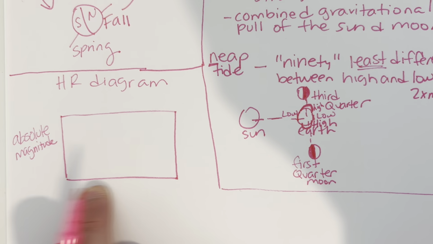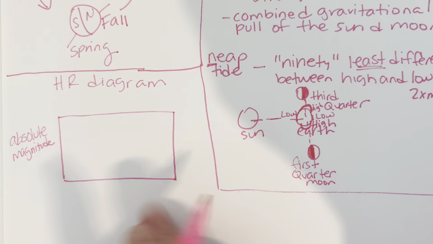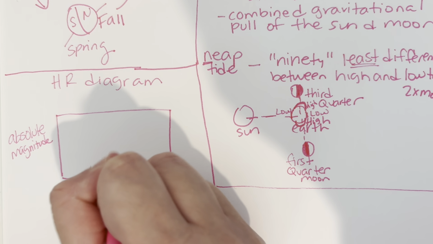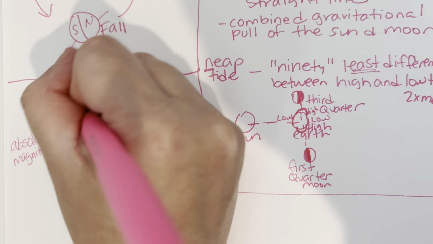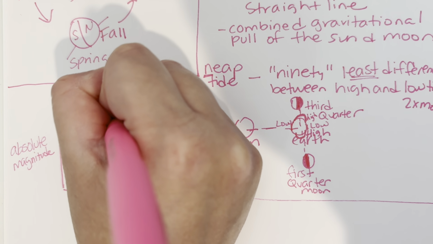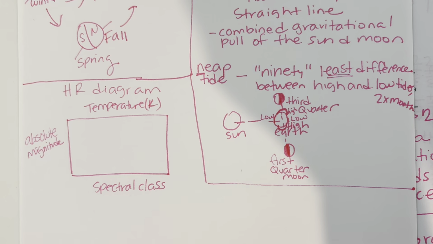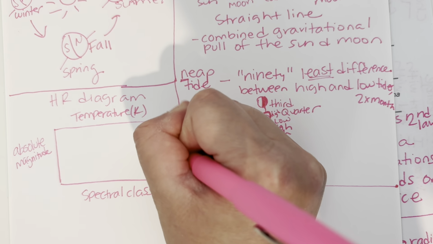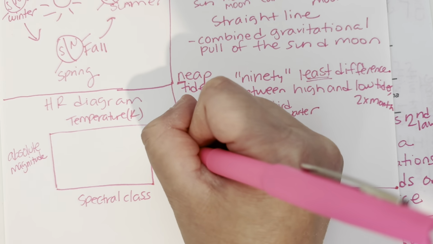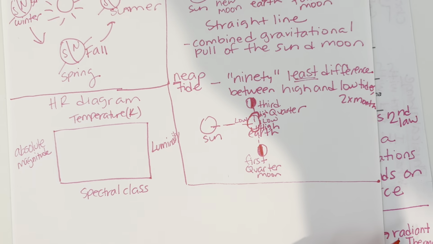Sometimes a graph will have temperature here at the bottom. Sometimes it'll have spectral class. So I'm going to write spectral class. Okay, and then I'm going to write temperature up here. This is temperature in kelvins, so I'm going to abbreviate that K. Okay, and then in this case, I'm going to put luminosity on this side. Luminosity, okay?